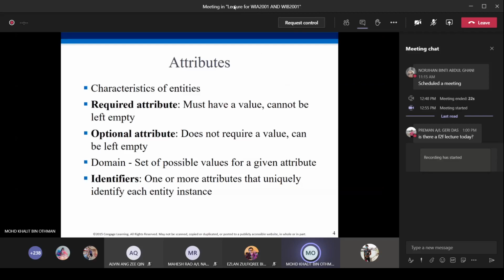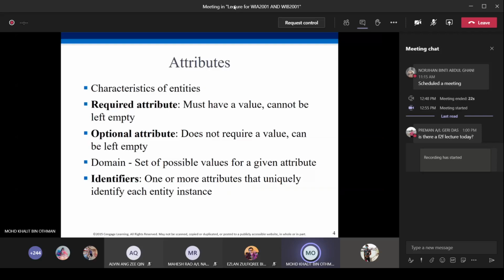Another example is grade. The domain for the attribute grade is between 0 and 4, where the lowest grade value is 0 and the highest grade value is 4. So 0 to 4 is an example of a domain for a given attribute.